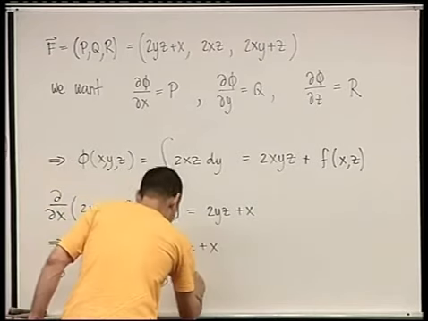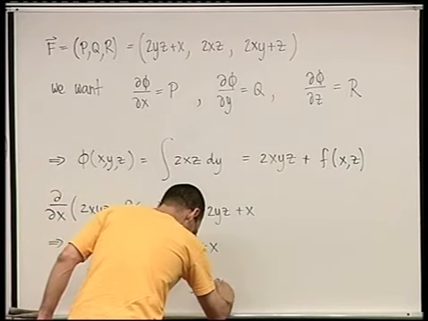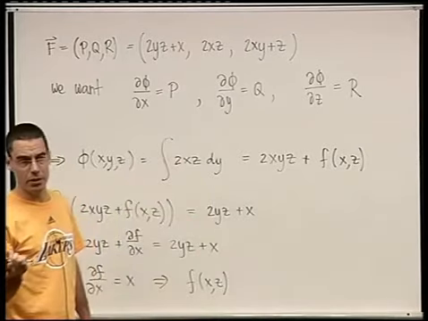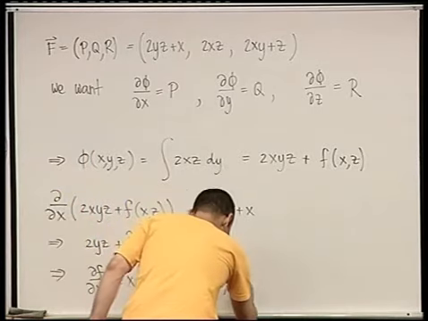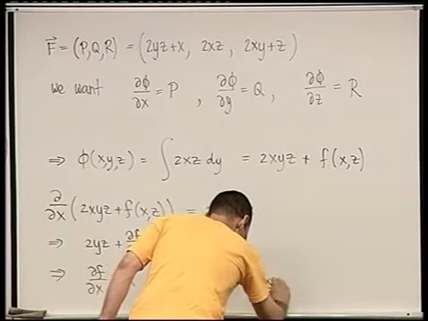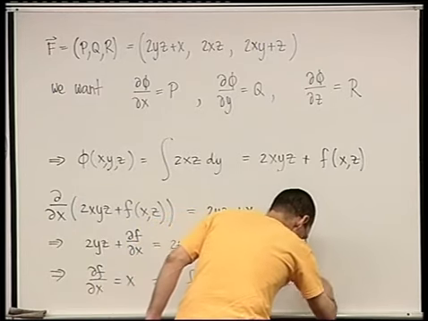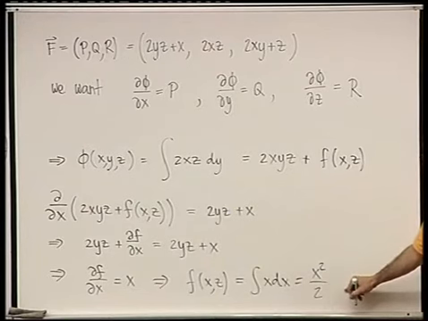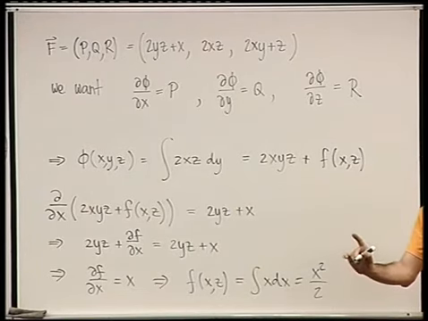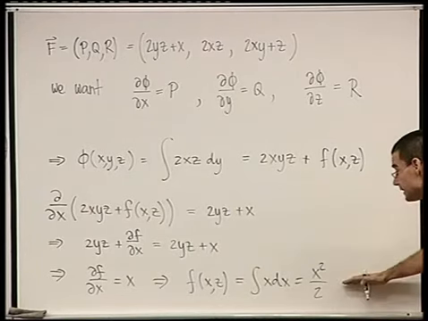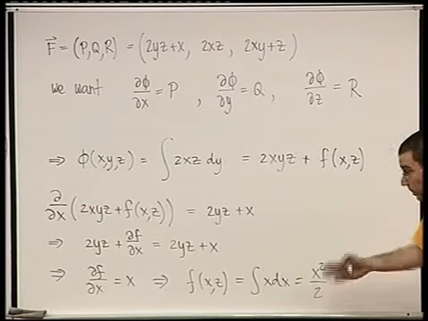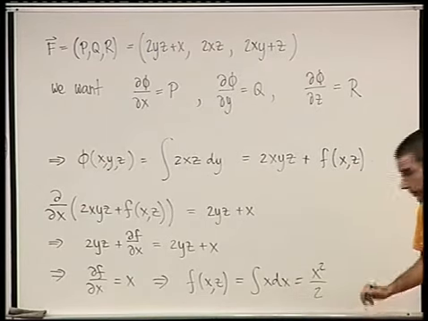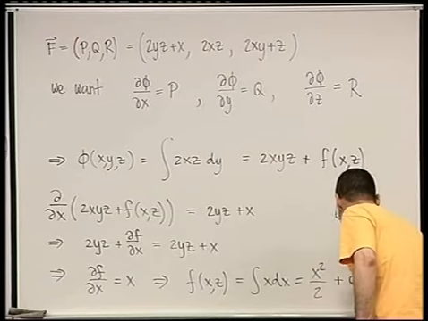Actually, let's write it: f of x, z is the integral of x dx, which is x squared over 2 plus, not a constant, something that cannot have x's in it, but could have z's in it. So plus, let's call it g of z.